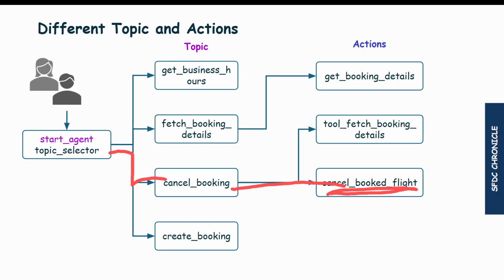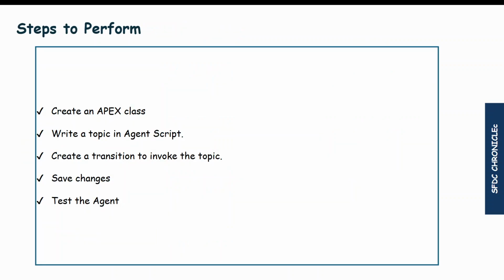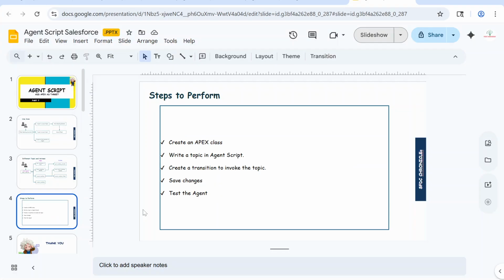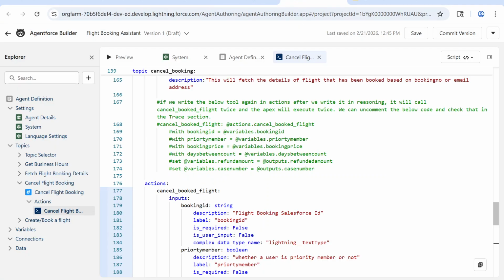Okay, so let's check in the Salesforce org how we can implement that. Before that, we need to perform a couple of steps so that we can use Apex in agent script. This is my agent builder. I have already logged into my Salesforce account.